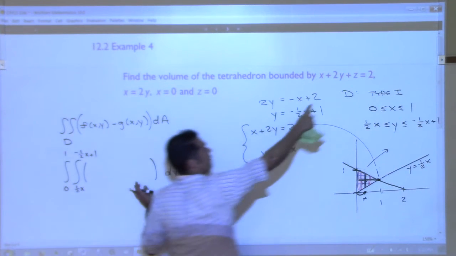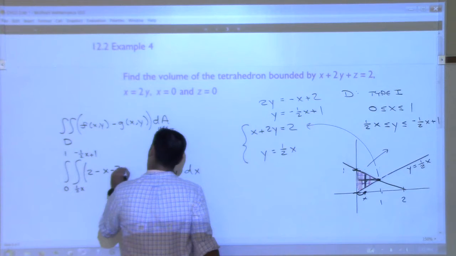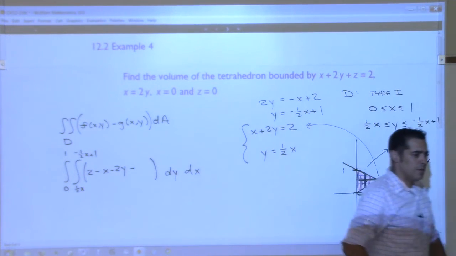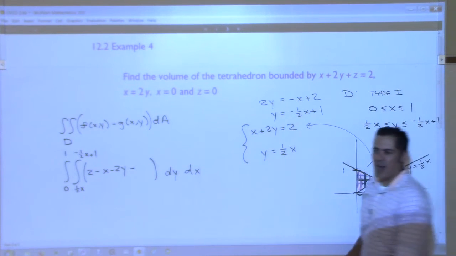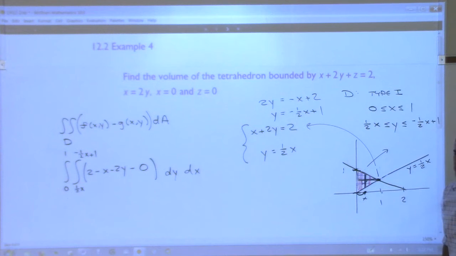Yeah, it's this thing solved for z, which is 2 minus x minus 2y. And then subtract from that the bottom surface, but the bottom surface was z equals 0, so we're really subtracting nothing from it. And that's it. That's our setup.